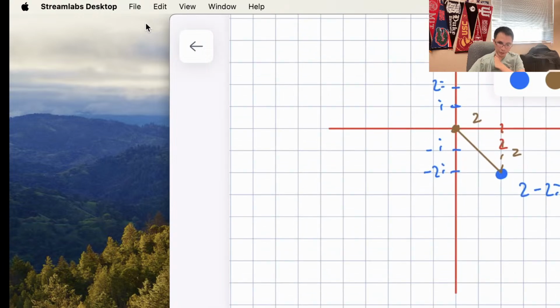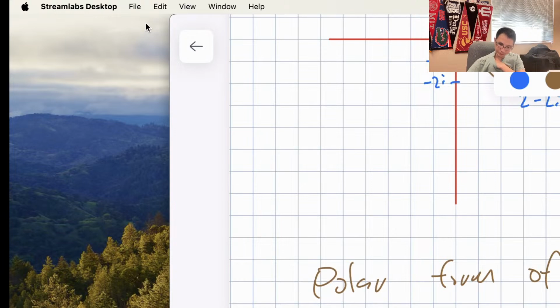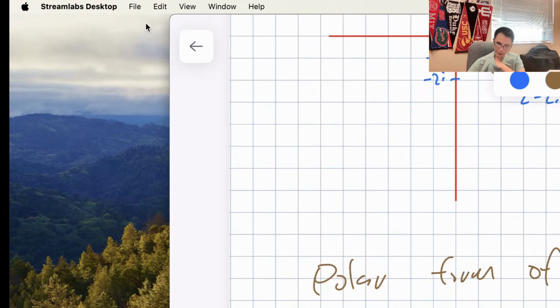Well, we know 2 and -2. That means tangent of theta is equal to -2 over 2, which is tangent theta is equal to -1, which means theta is equal to 3 pi over 4 and 7 pi over 4.